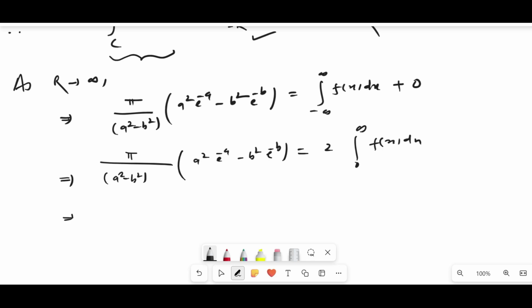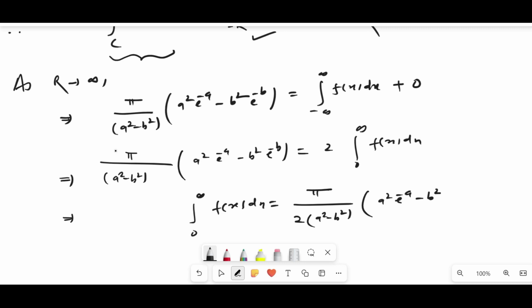So therefore the value of the integral from 0 to infinity of f of x dx is equal to pi over 2 times (a squared minus b squared) times (a squared e to the power of negative a minus b squared e to the power of negative b).